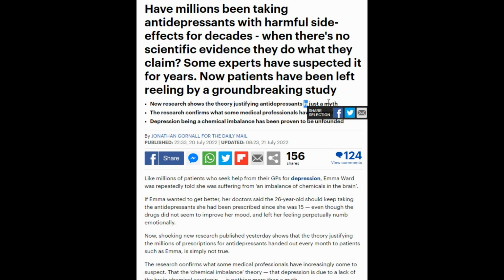Yeah, and so we very often use the article a when we're introducing something into existence. And we are saying that it's just a myth, this new research. The theory that justifies antidepressants is just a myth. I find that quite strange, to call a theory a myth. I don't think a theory can be a myth. A theory is a hypothesis, and it's either true or false, and this one happens to be false.